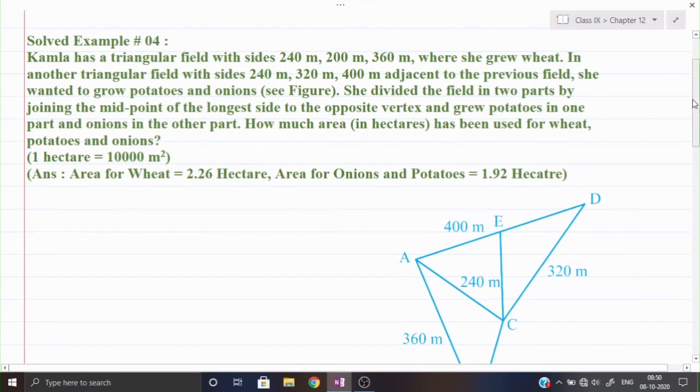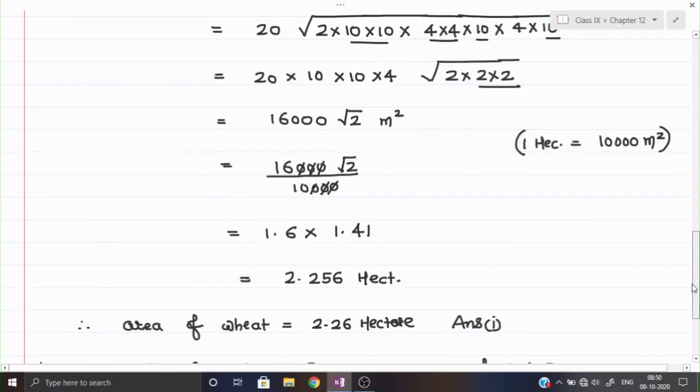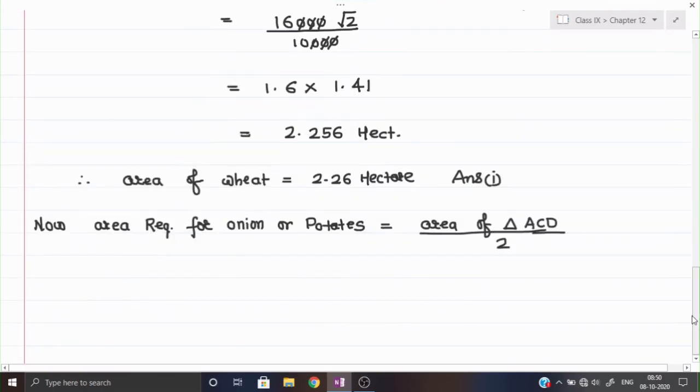So one part is ACE, that is maybe for the onion, and CED, that is for the potatoes. Okay, so let us write down further. Area of potatoes or onions, we are dividing by 2.